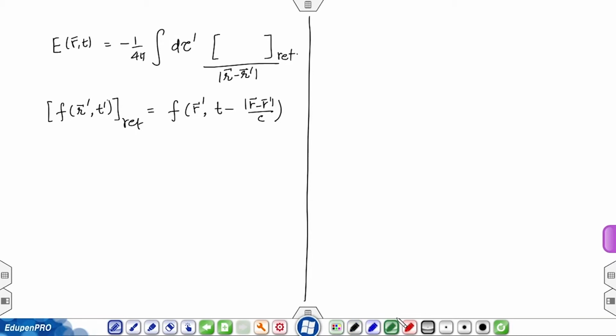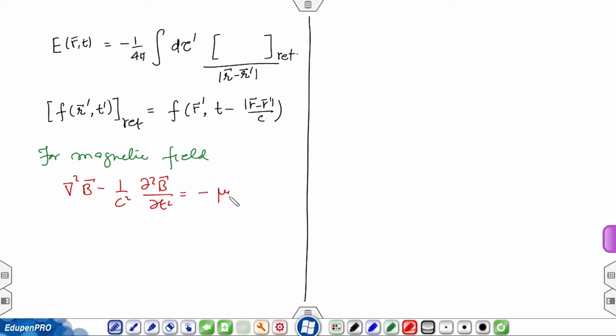In the same manner, for the magnetic field, I have the equation del square B minus 1 over c square d 2 B over d t square is equal to minus mu 0 curl of j.